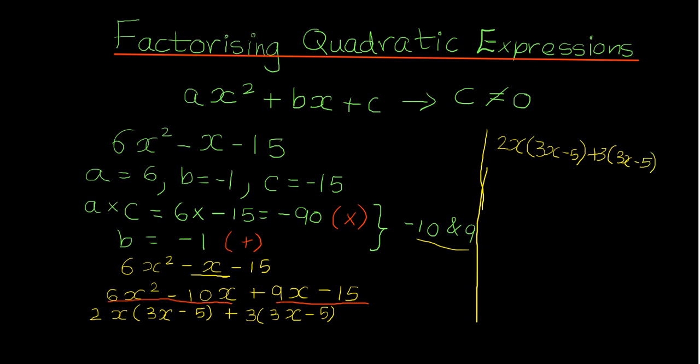Now we can see that this bracket is exactly the same as this bracket. That's an indication that we may have factorized correctly. I'm going to factorize the entire expression this time, and both expressions have 3x minus 5 common, so that's my highest common factor. And the second bracket will be 2x plus 3.